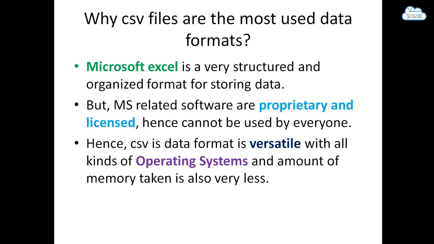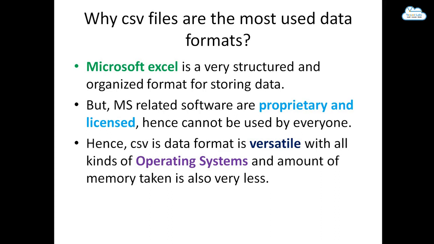So why can't we have a single data format which can be accessed by multiple operating systems? That is why we came up with a concept called comma separated variable, which is readable and openable as well as transferable to any kind of operating system that you want to use. That is the main reason why we are not using Microsoft Excel.